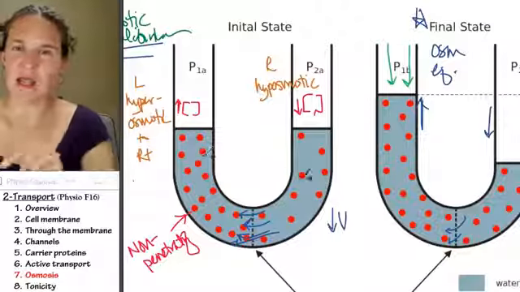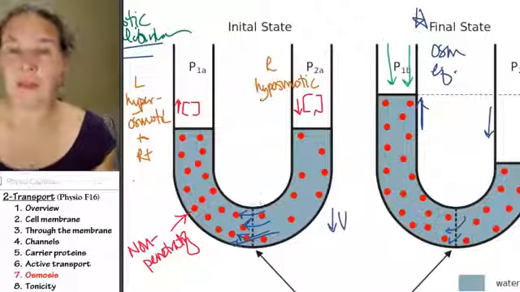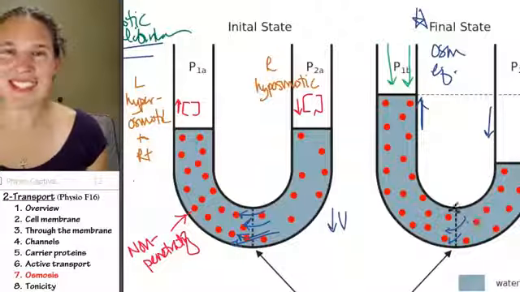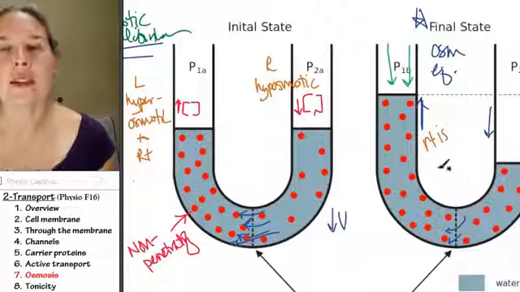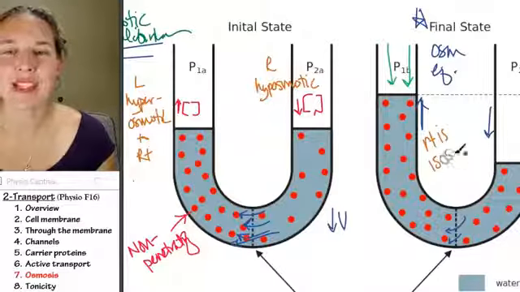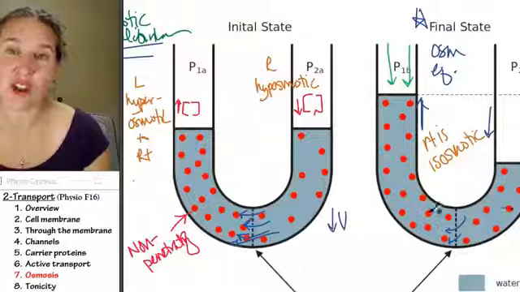Left is hyperosmotic to right. Right is hypoosmotic to left. Talk to me about these two sides. Right is what? Isosmotic. Isoosmotic, they're the same. The concentrations are the same.